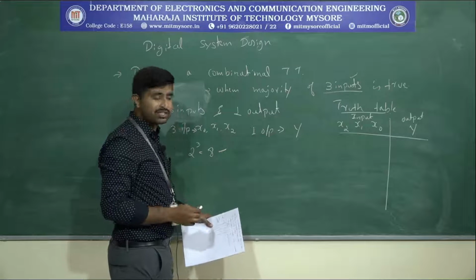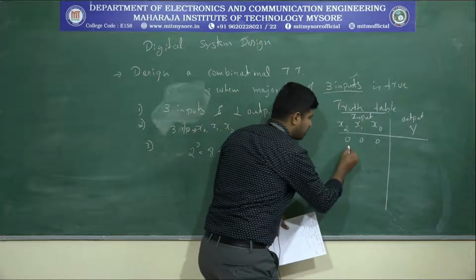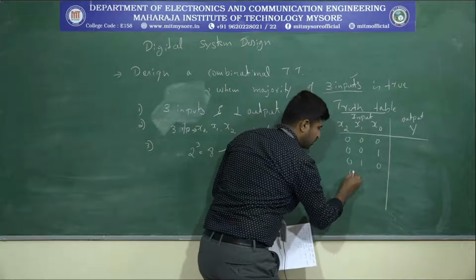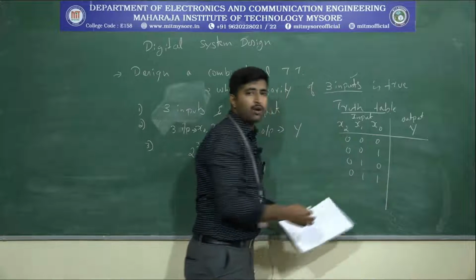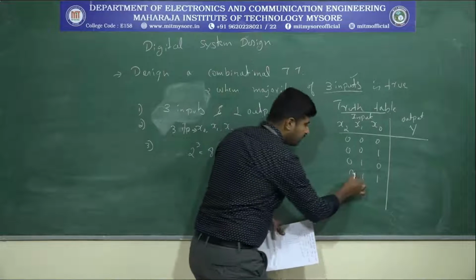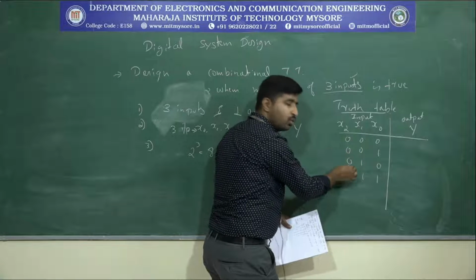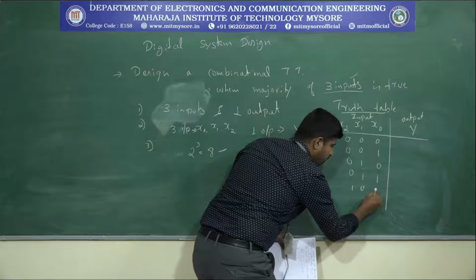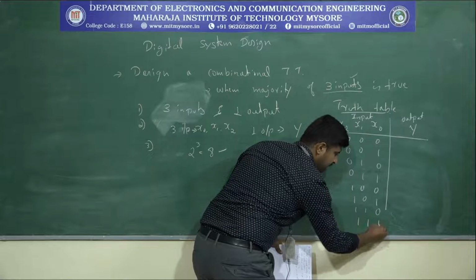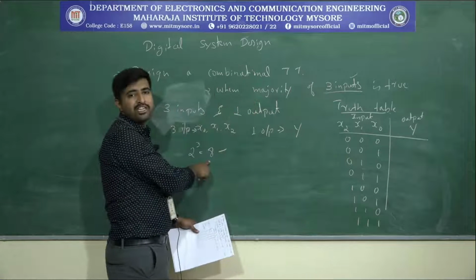Which are the 8 combinations? 0 0 0 is the first one, next 0 0 1, 0 1 0, 0 1 1, and so on. I hope you know how to write this, since you already studied it in basic electronics. These correspond to the values 0, 1, 2, 3, 4, 5, 6 and 7. So 0 to 7 corresponds to the 8 combinations.